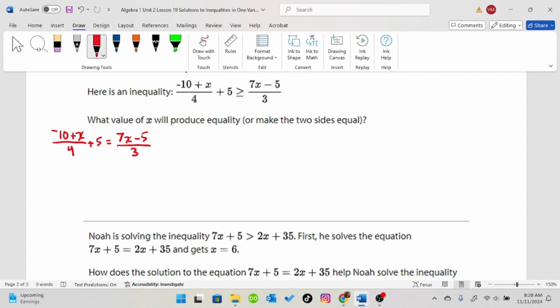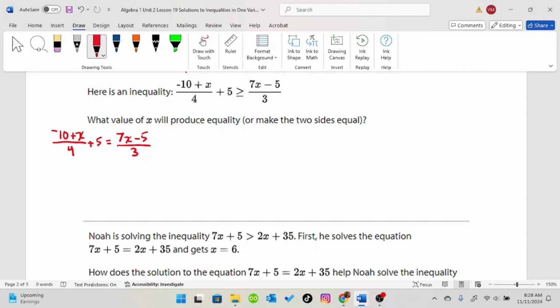Now that we have done that, previously we have said you can eliminate a variable or eliminate a fraction by multiplying by the denominator. But this time we see that we have different denominators.